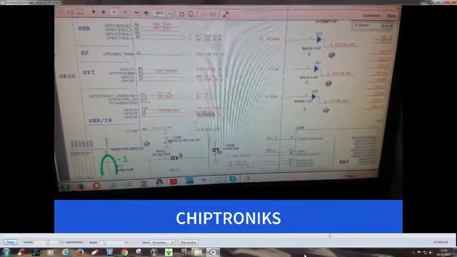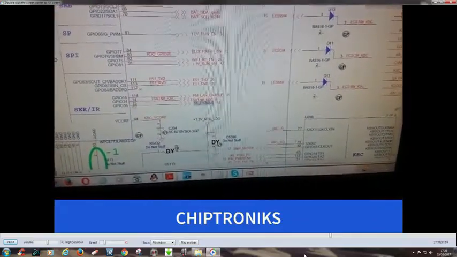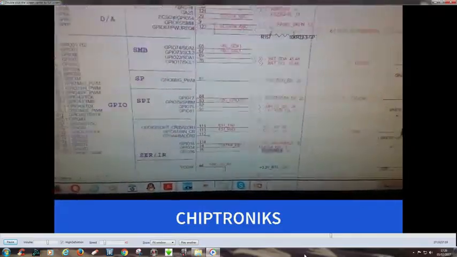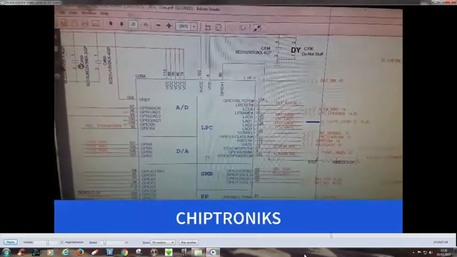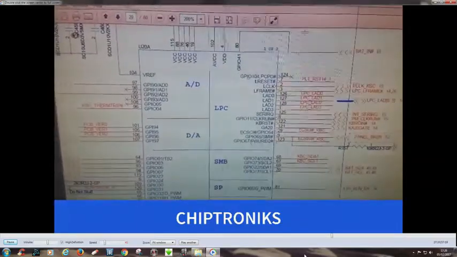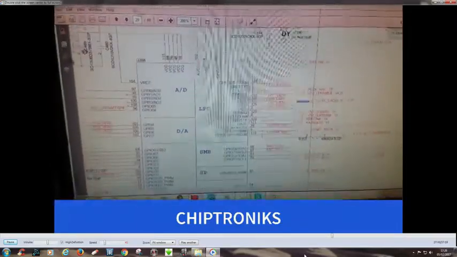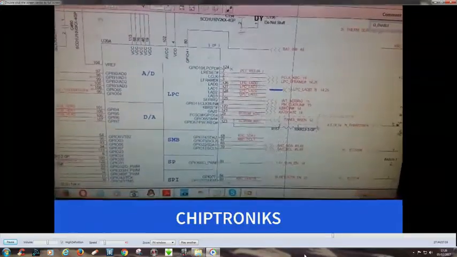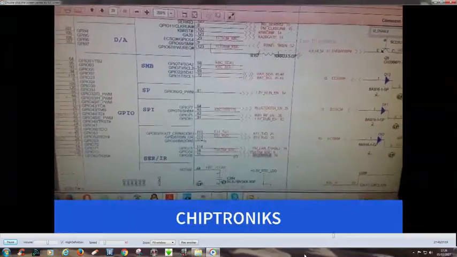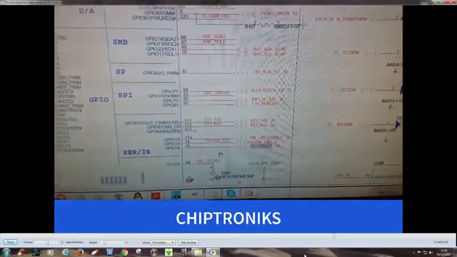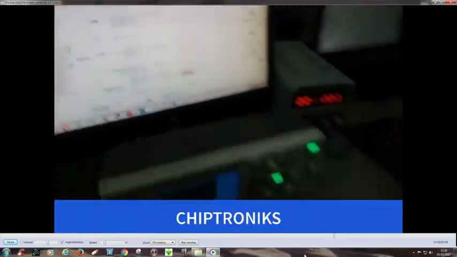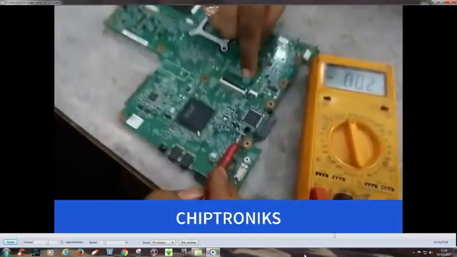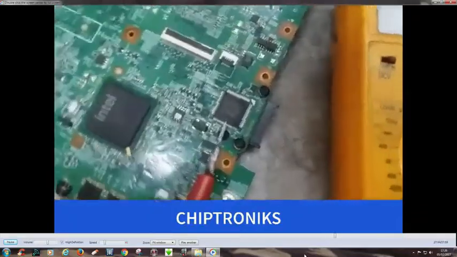So let's check at pin number 15 of this IO controller. My IO controller is U28. In a schematic diagram we have divided this IO controller into two parts. So we have to check the U20 pin number 15. You can see this is our IO controller.